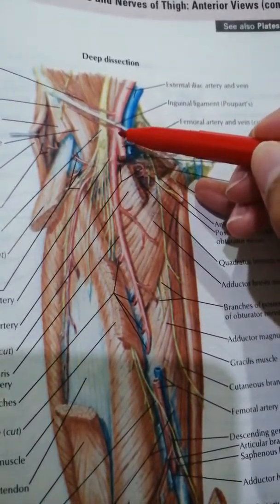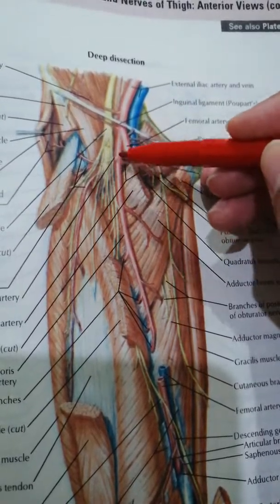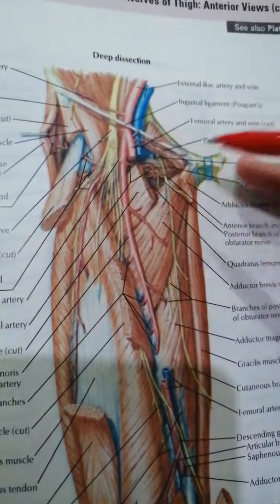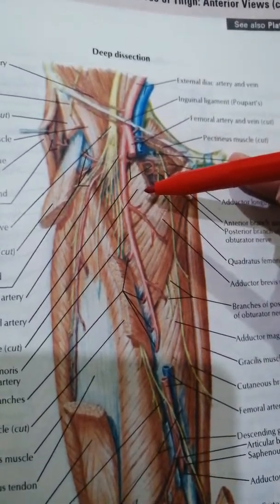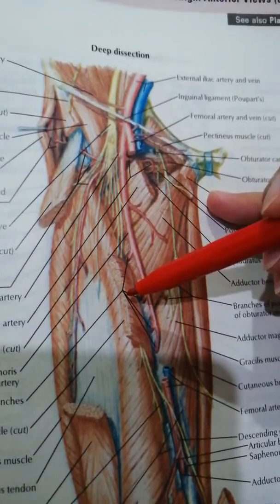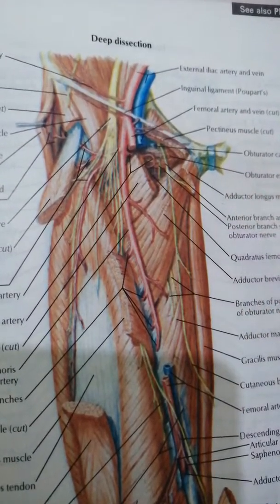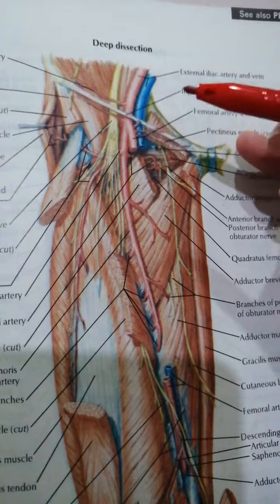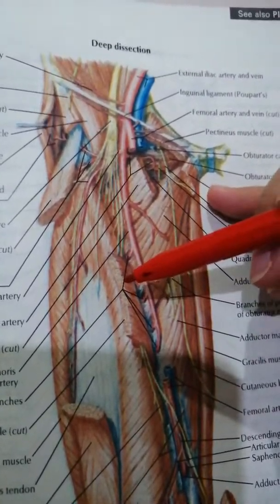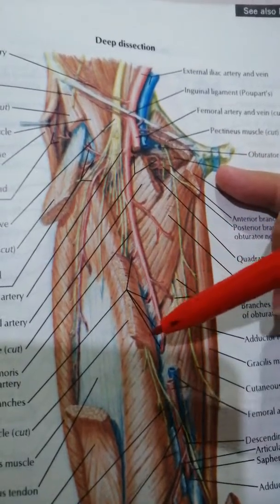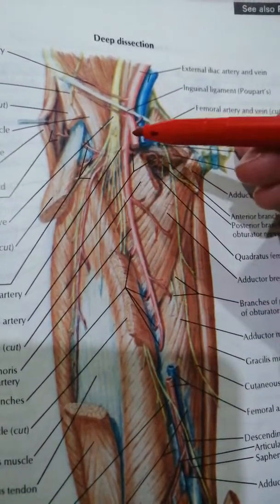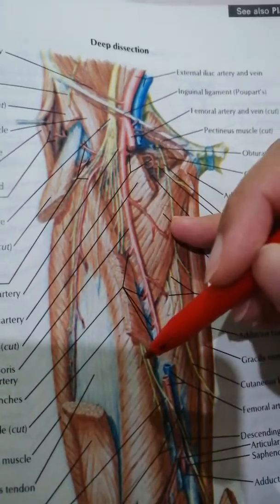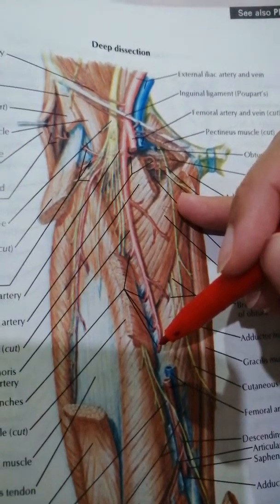So outside of the femoral triangle, after leaving the triangle, this branch continues its route between the adductor longus and the adductor brevis, and then between the adductor longus and the adductor magnus, and the artery eventually terminates by piercing the adductor magnus in order for it to reach the posterior end of the thigh.